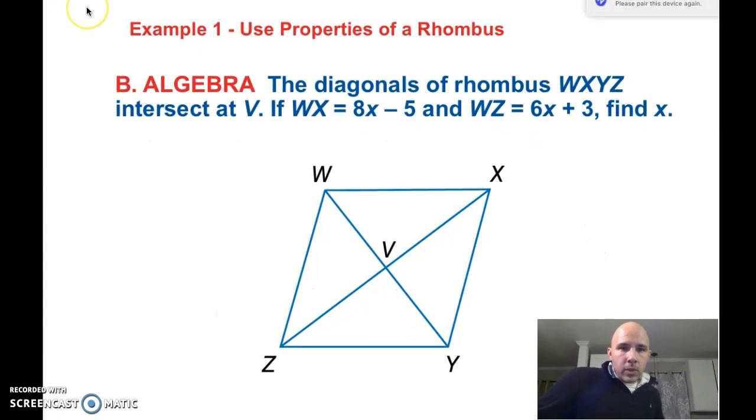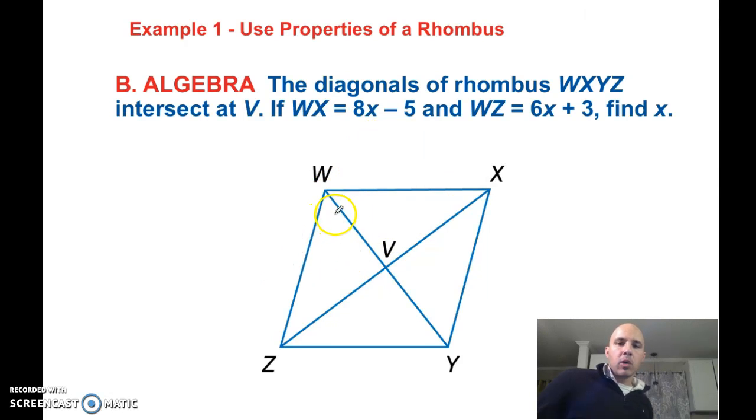Number 1. This is benchmark 27B on rhombuses and squares. We're going to use the properties of a rhombus. Letter B, algebra: the diagonals of a rhombus WXYZ intersect at V. If WX equals 8x minus 5 and WZ is 6x plus 3, we want to find x.